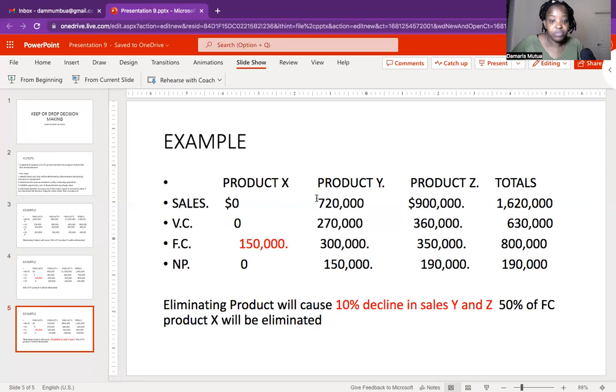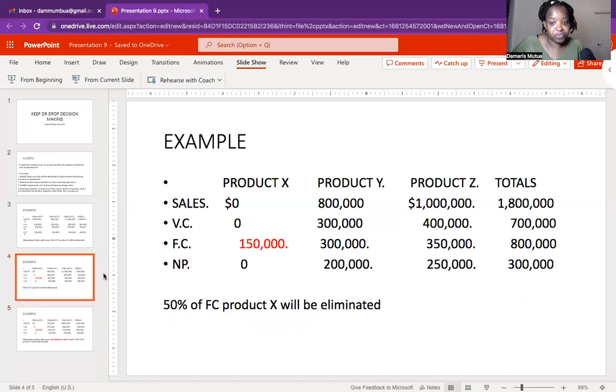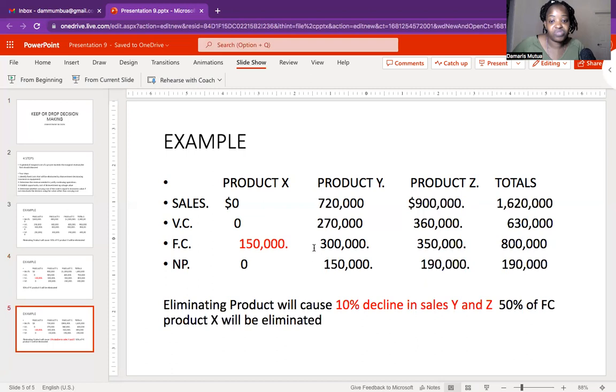So the sales for product Y is 800,000. So it means the sales will be 90%. So you take 800 times 90%, that will give you 720. We know variable costs are directly related to sales.